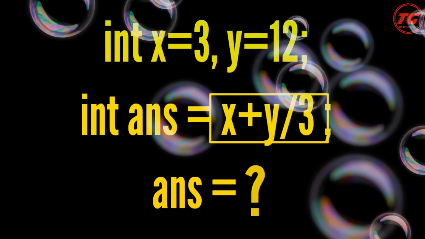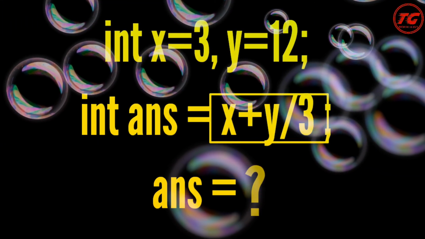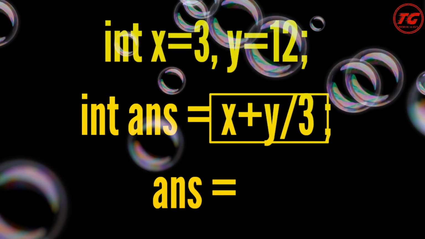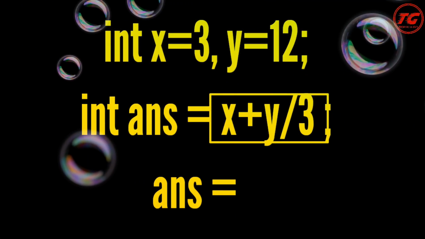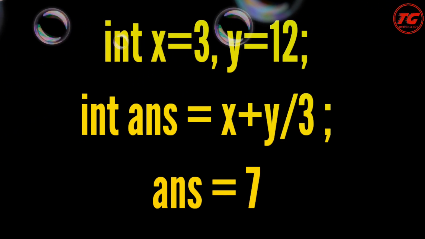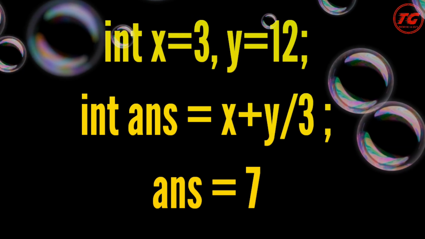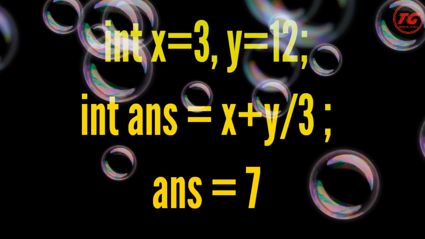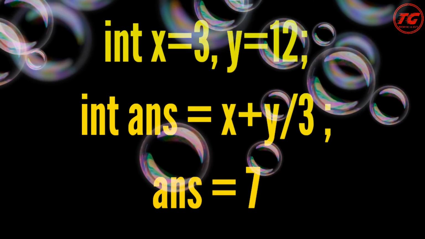For example, here x plus y over 3 is an expression. It will be calculated based on the priority of operators. Say x is 3 and y is 12.